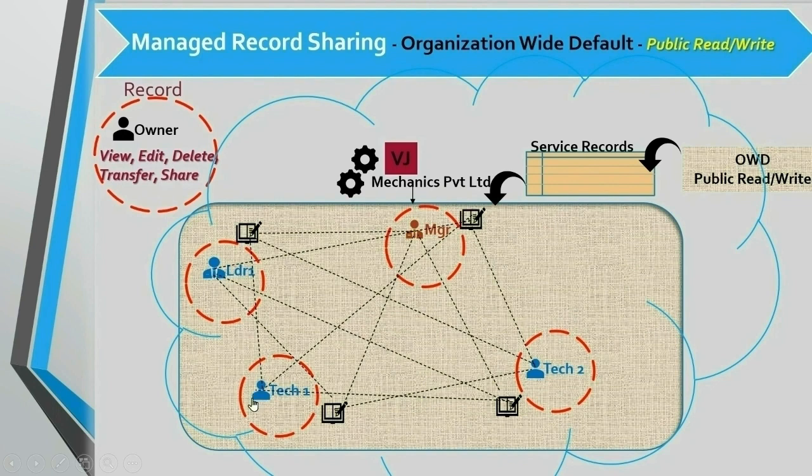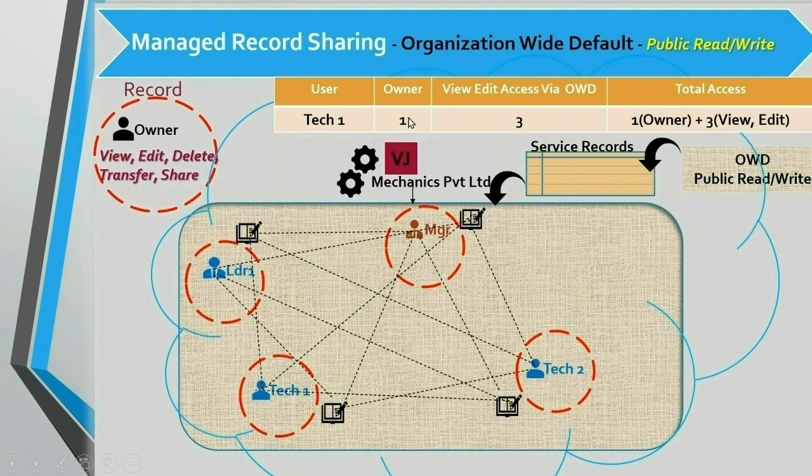Now let's see what all the Tech1 user can access. Tech1 user can access one record as owner because he has created one record, and the other 3 records created by MGR, LDR1 and Tech2, he would have view and edit access.